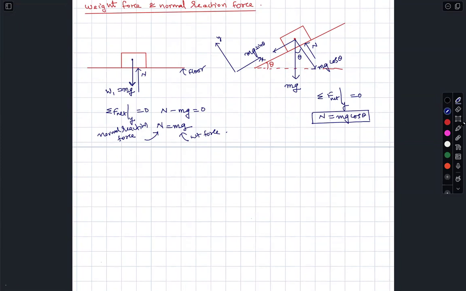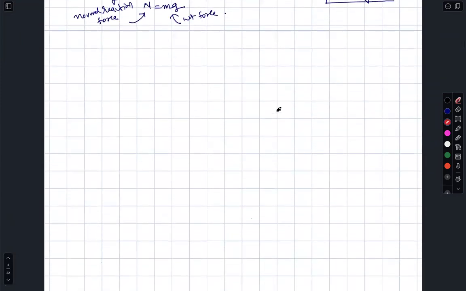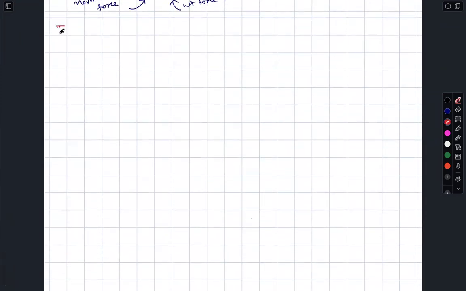So first we will deal with tension force in a string. Right. Now imagine a situation like this. This is some roof.